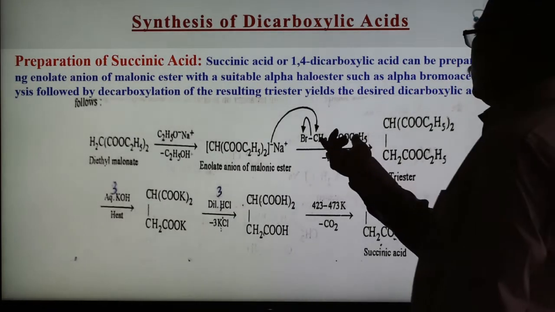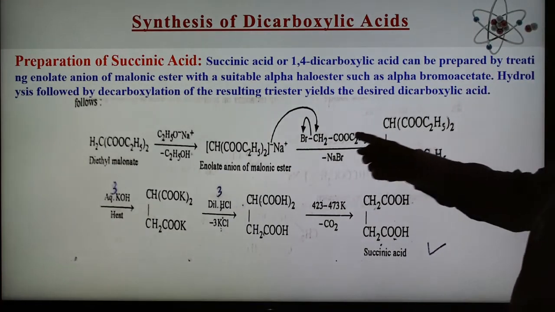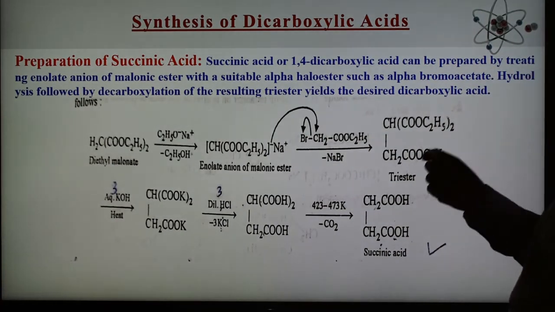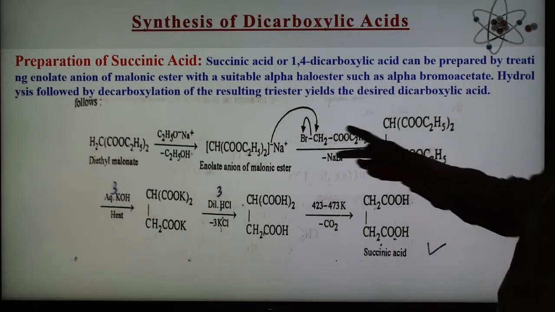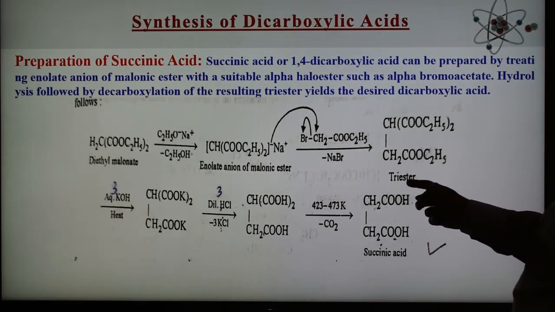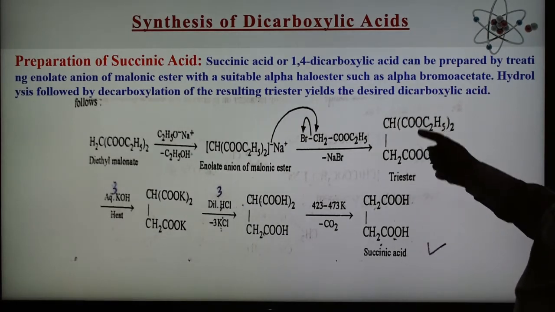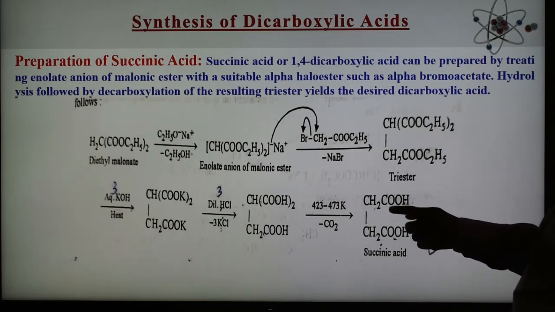This group attaches here and NaBr is lost. So this group CH2COOC2H5 is attached to this carbon, and after attaching this group, a triester is formed.